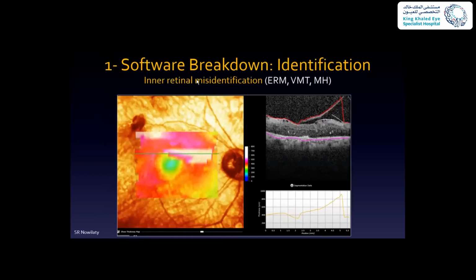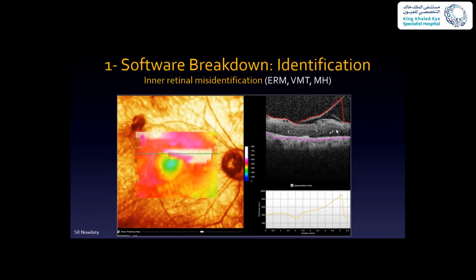The first thing is software breakdown. You always have to look at where the segmentation lines were placed before you decide if a map is accurate or not. If the software misidentifies the inner retinal layer, the ILM, like in this example. The software basically thought that this is the ILM, this is where the retina continues, and did not go down here.